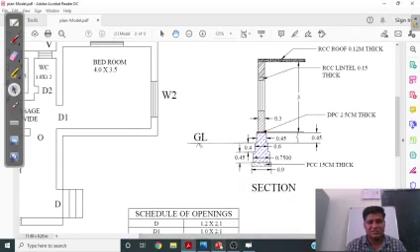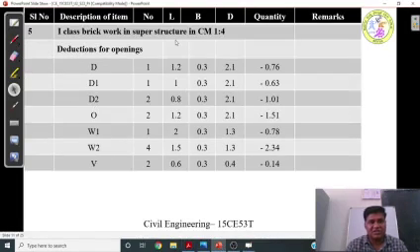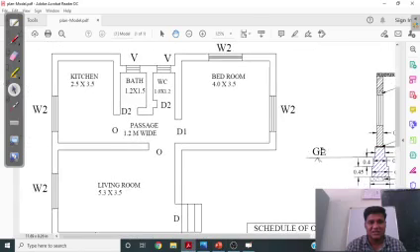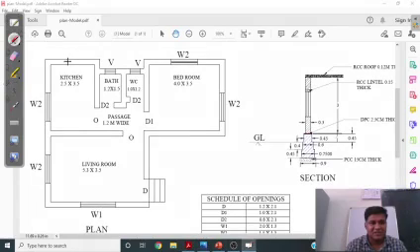Next, deductions. Deductions means you have to deduct the area or the volume where masonry is not constructed. You can see in this plan, this is a plan at sill level. See, there are 1, 2, 3 and 4, 4 numbers of W2.